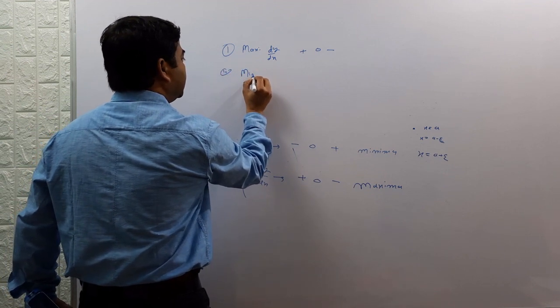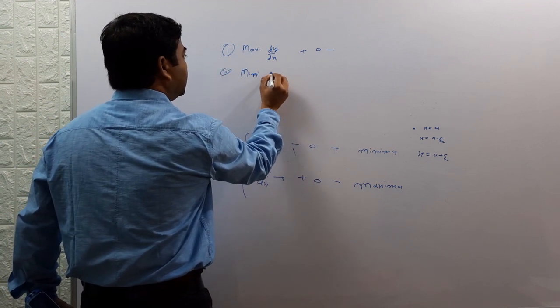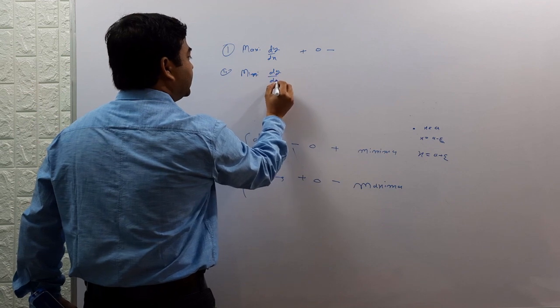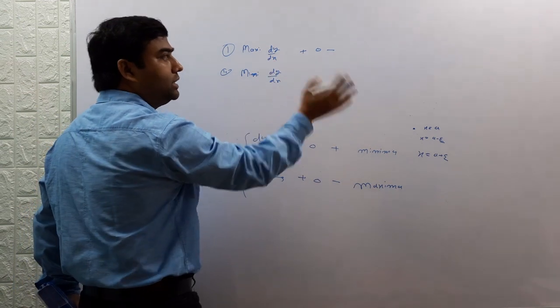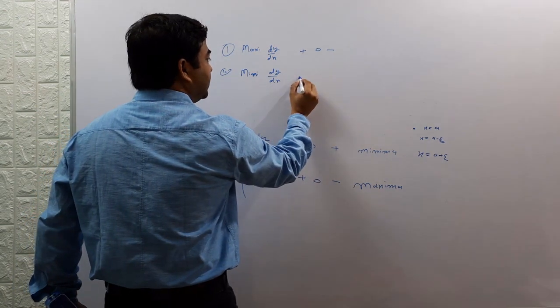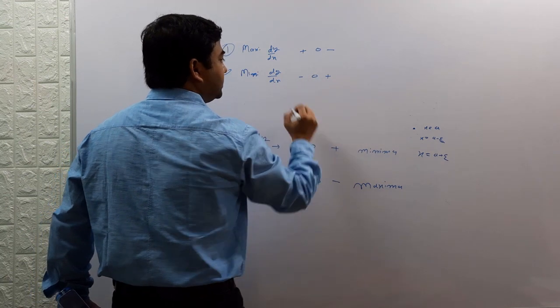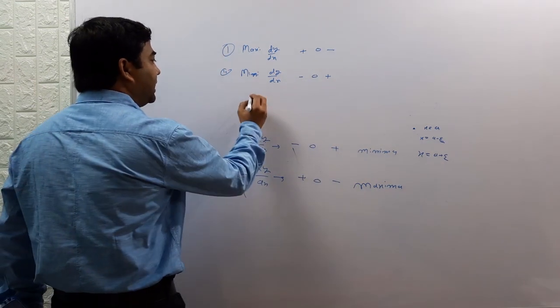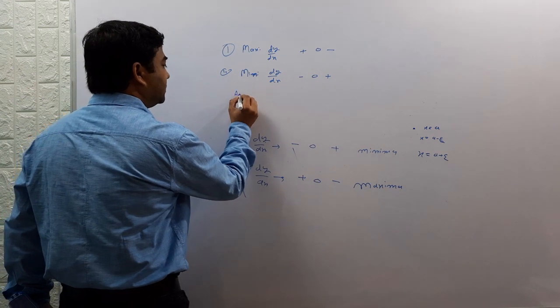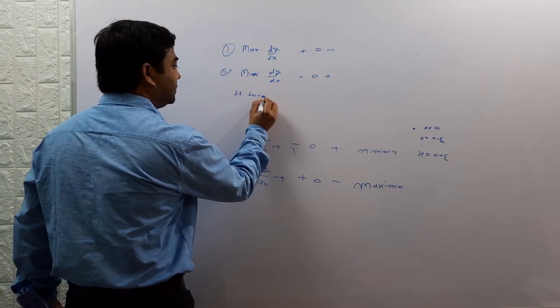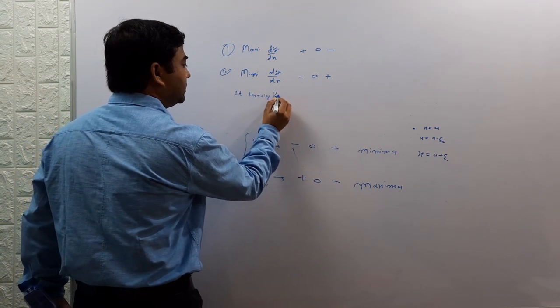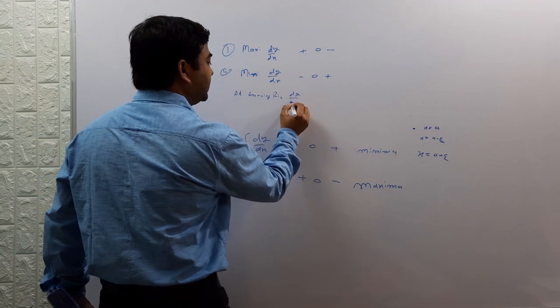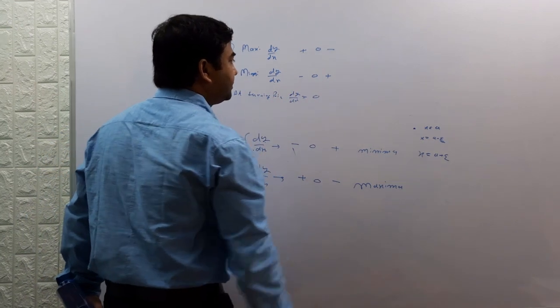For minima, near the turning point, dy over dx changes from minus, 0, plus, and at the turning point, dy over dx is equal to 0.